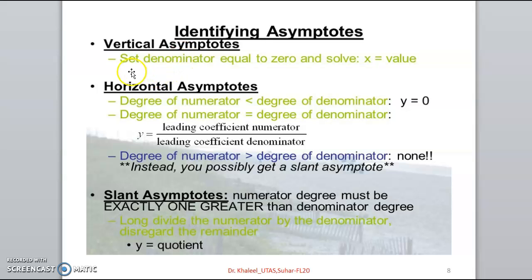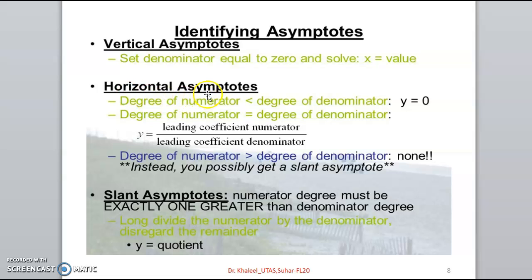You understand the method? So set the denominator equal to 0 and solve. So x is equal to whatever value you get. This is the equation of the straight line, and that equation is an asymptote and it is always vertical.